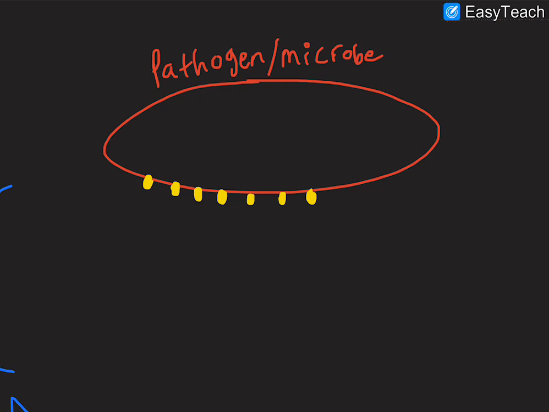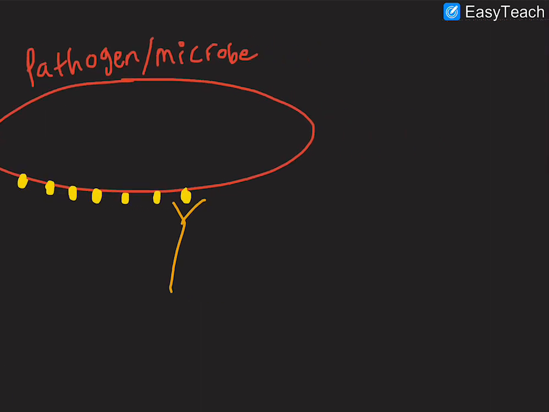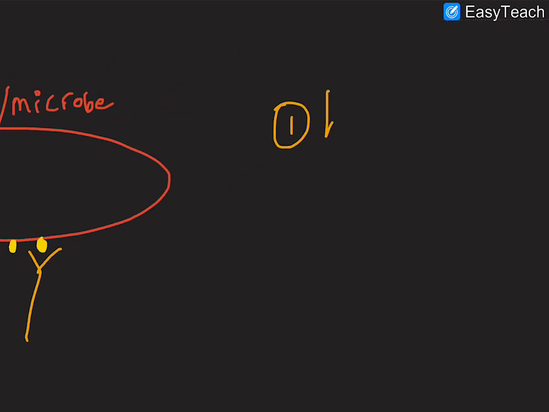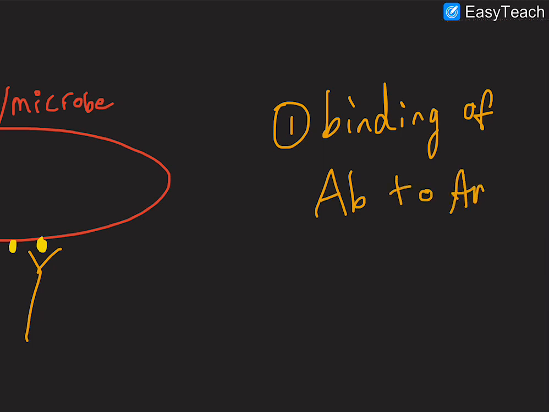So let's say we have an antibody here that will bind to the antigen. That's the first step: binding of antibody to antigen.